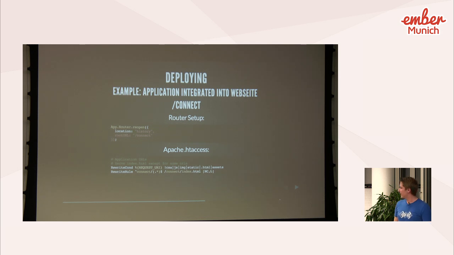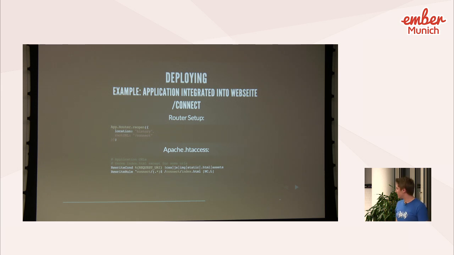So this is a very basic setup if you want to integrate your application into one directory of your web server. If you have to support old browsers, then you're out of luck. No, actually, of course, you could use the default location, which is the hash, and it will still work, but it won't look as nice as using history.